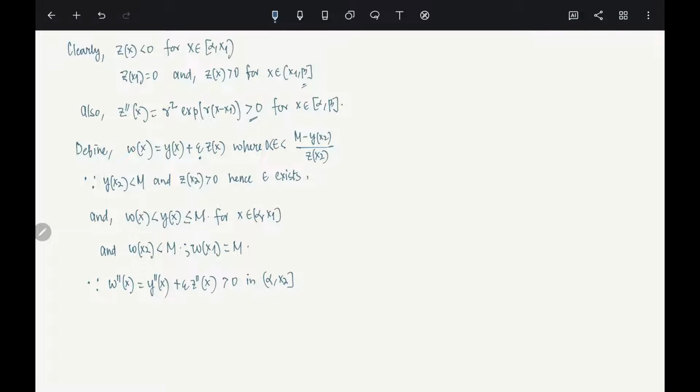Okay. Now, one second. Yeah. So we have actually found a function w which has strictly positive second derivative in alpha x2.